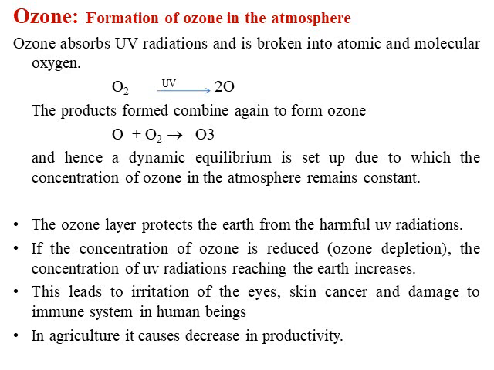So, as the UV radiation strikes the oxygen gas, it will be split up into two molecules of nascent oxygen. So, the oxygen present in the atmosphere will react in the presence of UV radiation, and it will be split up into two molecules of nascent oxygen.